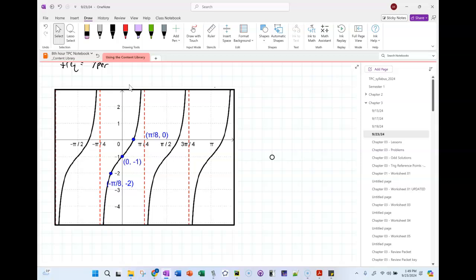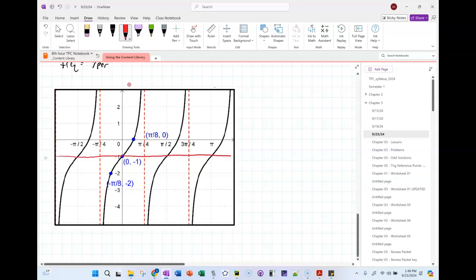So the first thing I look for is the midline. Where does the midline look like it's at here? Negative 1. I agree. Very good. That also tells us that k is negative 1, because k is the same as the midline.